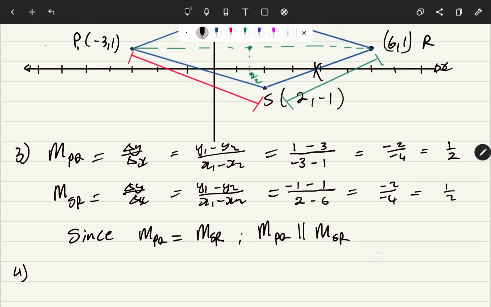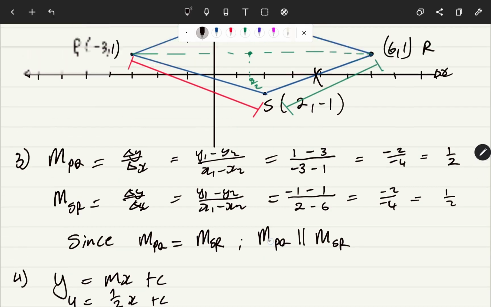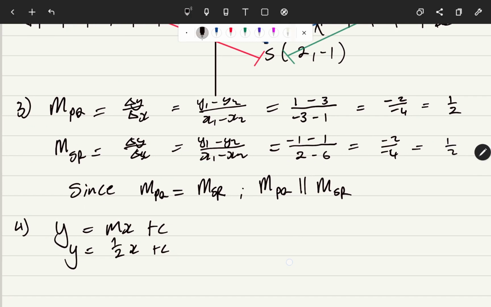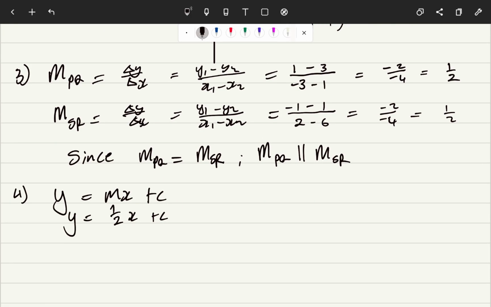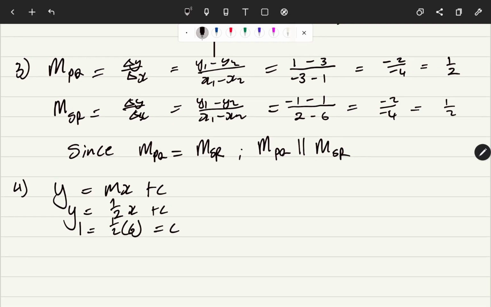You have been using the equation y equals mx plus c, and for SR the gradient is a half, plus c. Now I can use any point, so I'm going to use point R. If I use point R, I have 1 equals 1 over 2 times 6, I'm just substituting point R. Oh no, this is plus.